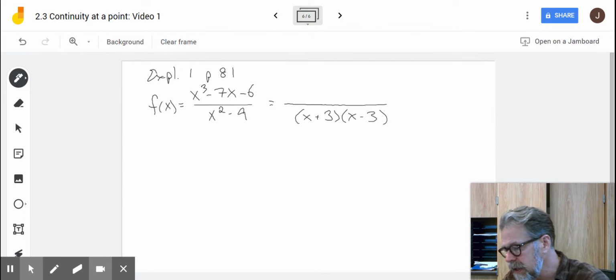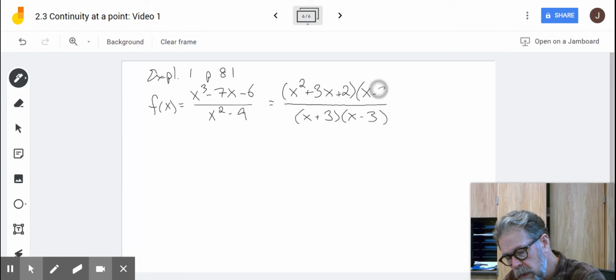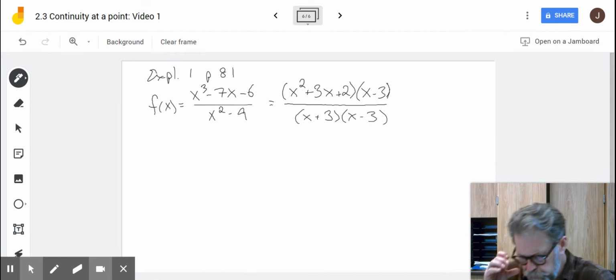But suffice it to say that when I factored this, I got x squared plus 3x plus 2 times x minus 3. I did this by dividing x minus 3 into x cubed minus 7x minus 6.